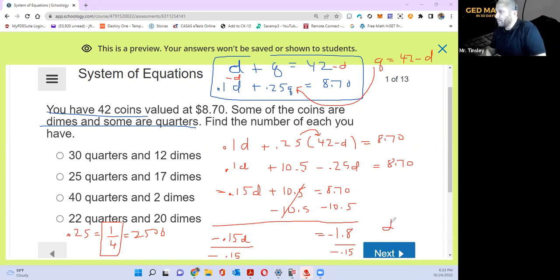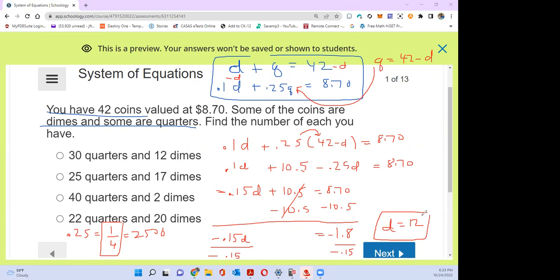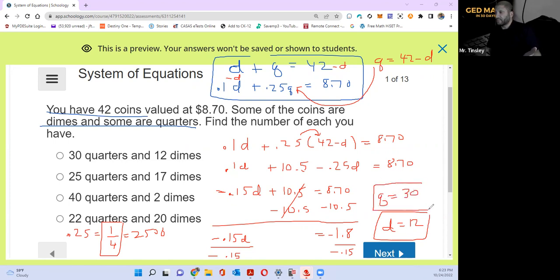So D is equal to 12. If my total coins is 42 and I got 12 dimes, how many quarters do I have? Isn't that the same answer we got before?